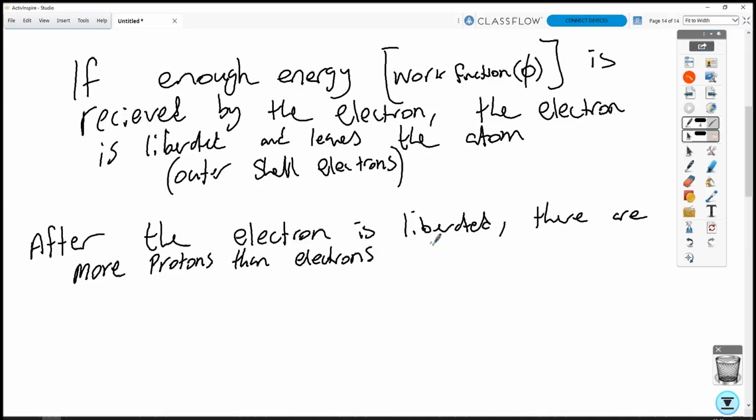So the atom has become ionized. And we now call it an ion.